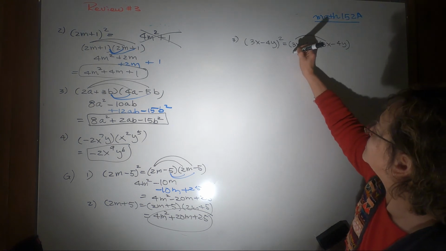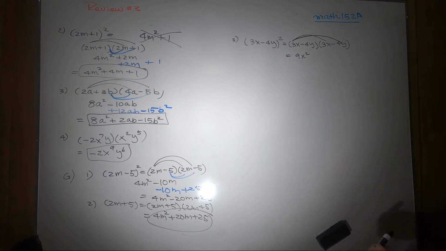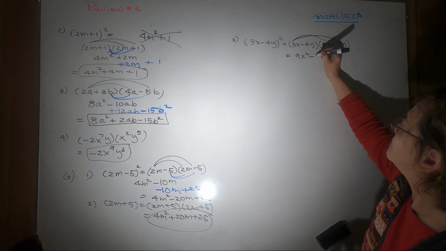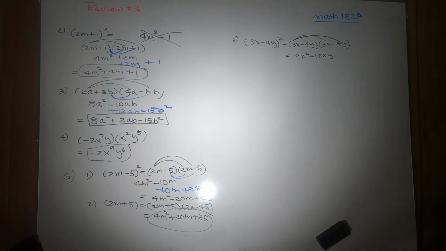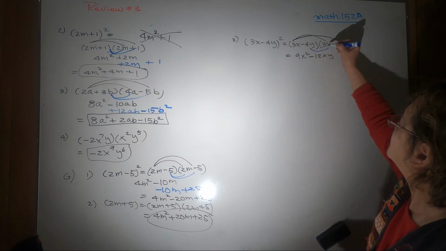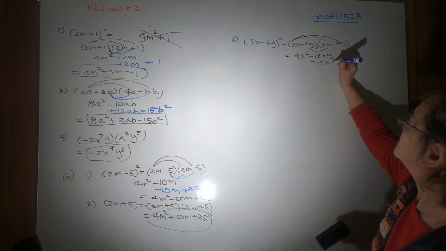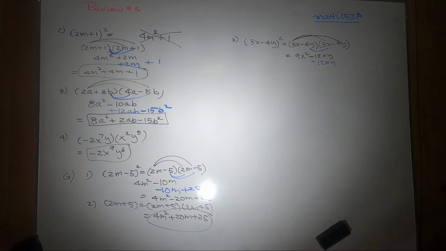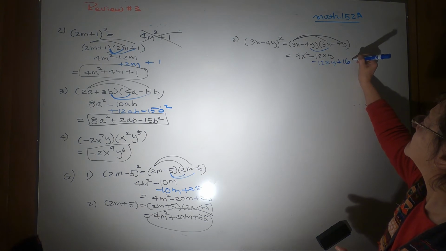3 times 3 would be what? 9x squared. Next one, 3x and 4y will be minus 12xy, right? Then lower rainbow, then that would be -12 and x and y, right? And -4 times -4 would be what? Positive 16.